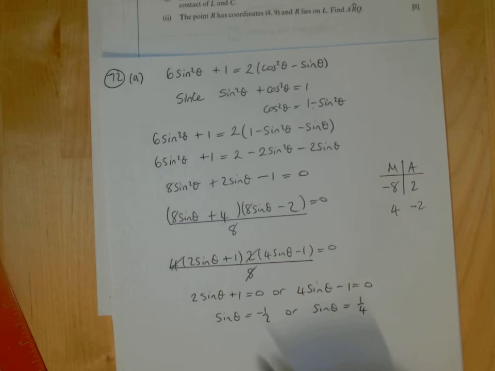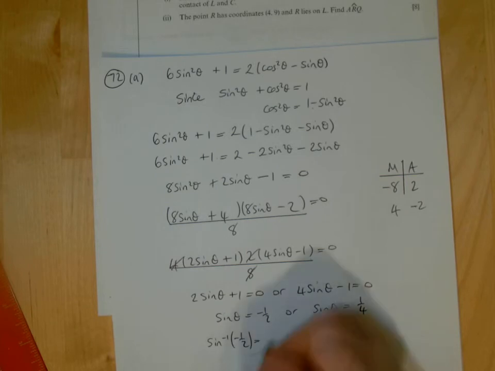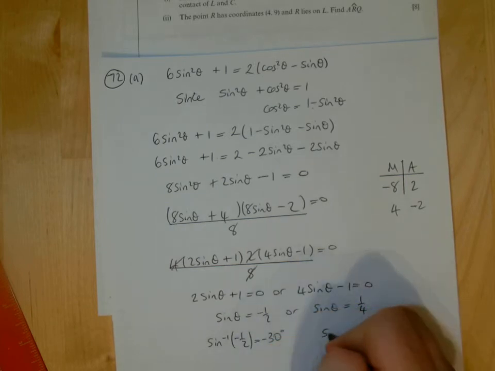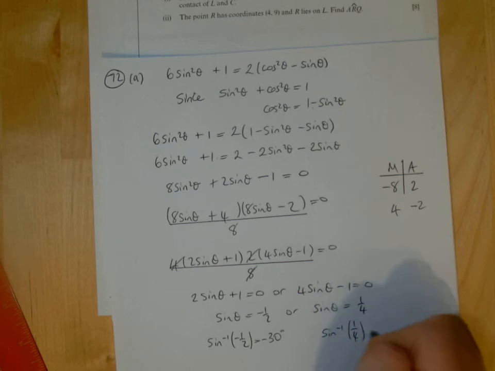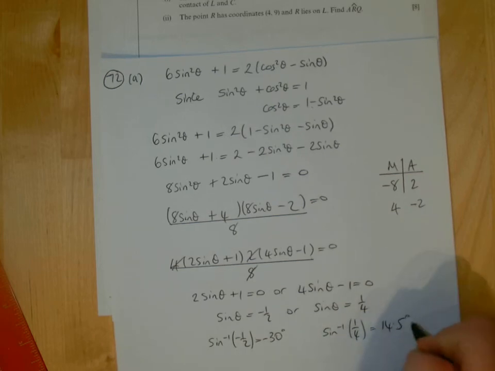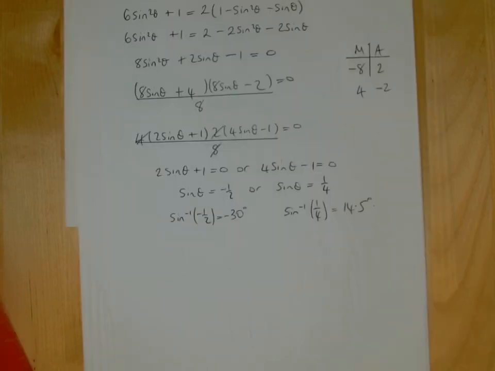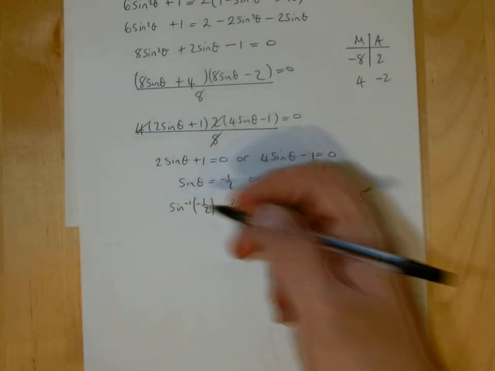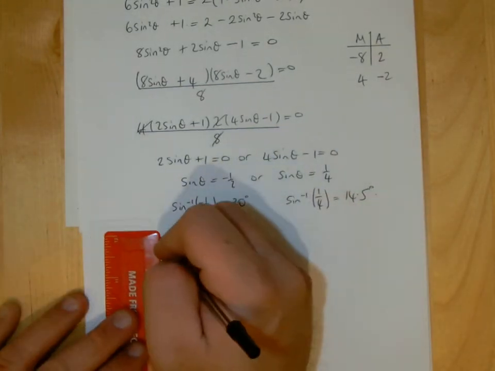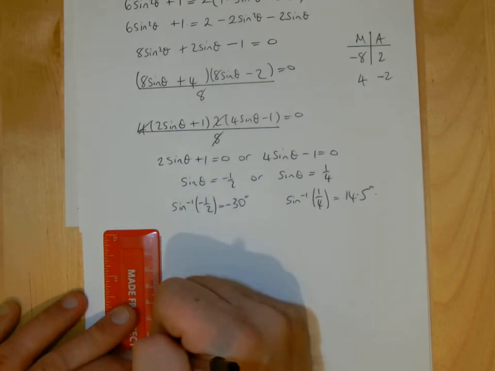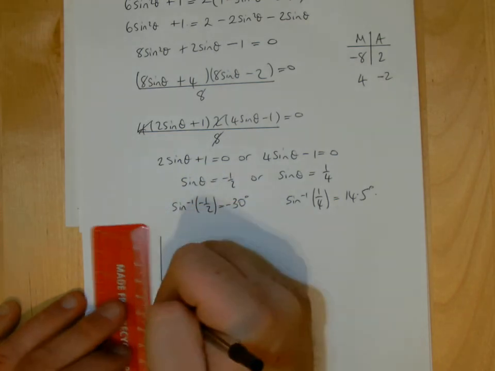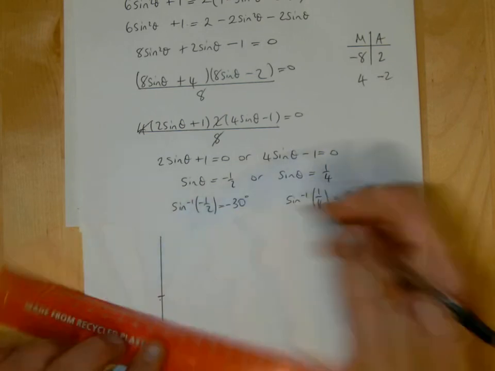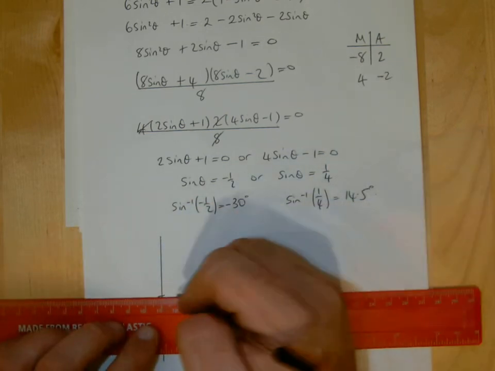Okay, so let's just do sine to the minus 1 of minus a half. We get minus 30 degrees, and do the same here, sine to the minus 1 of 1/4. We get 14.5 degrees. So we need now to draw our sine graph. With our sine graph, we're going to have to go every 3 centimeters to be 90.